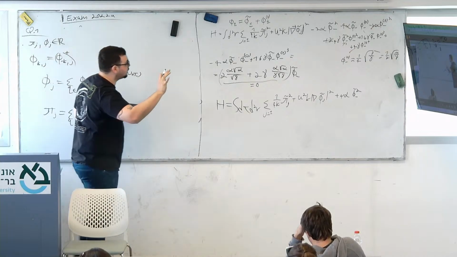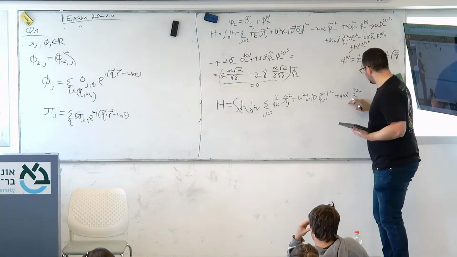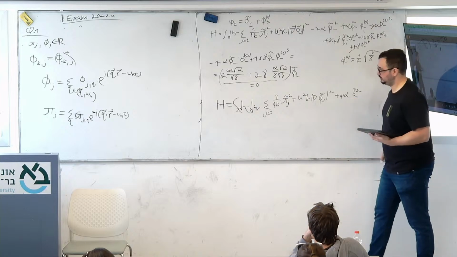Okay, so let's try to transform just phi minus squared.